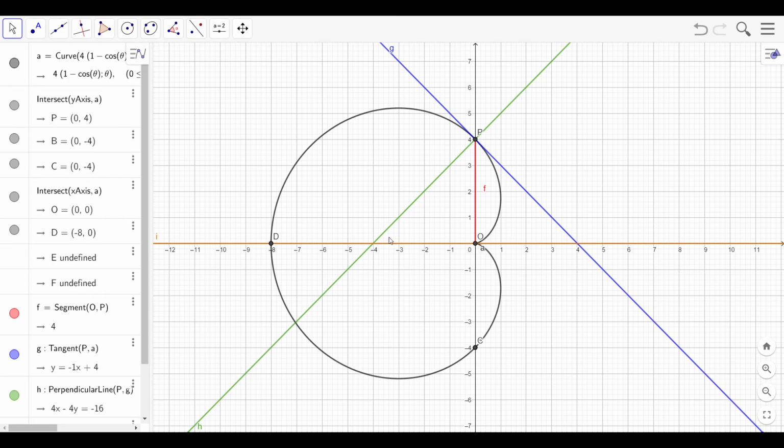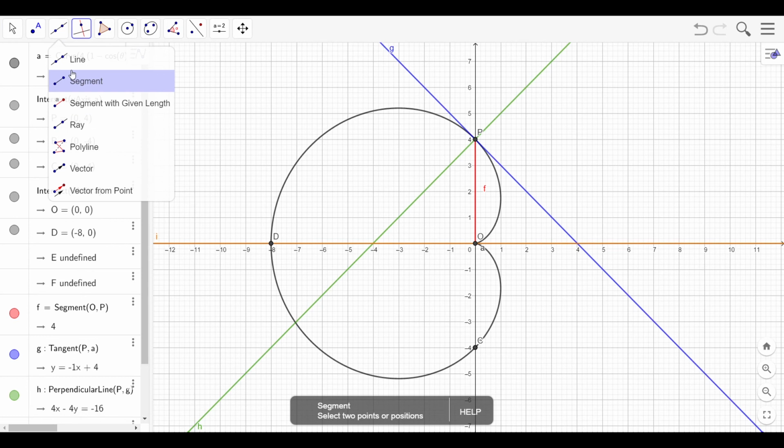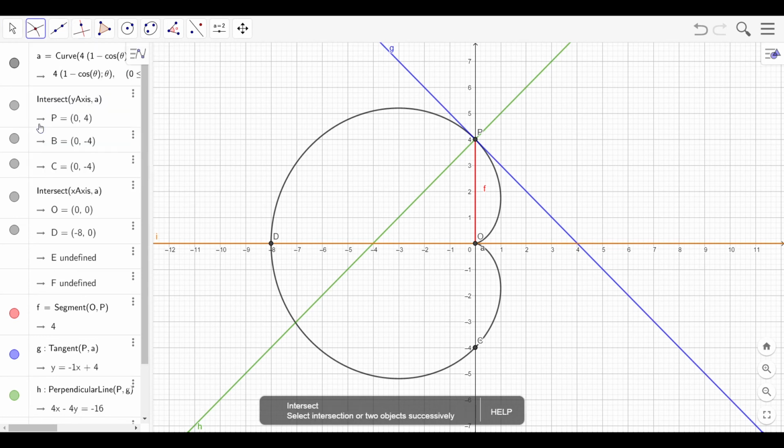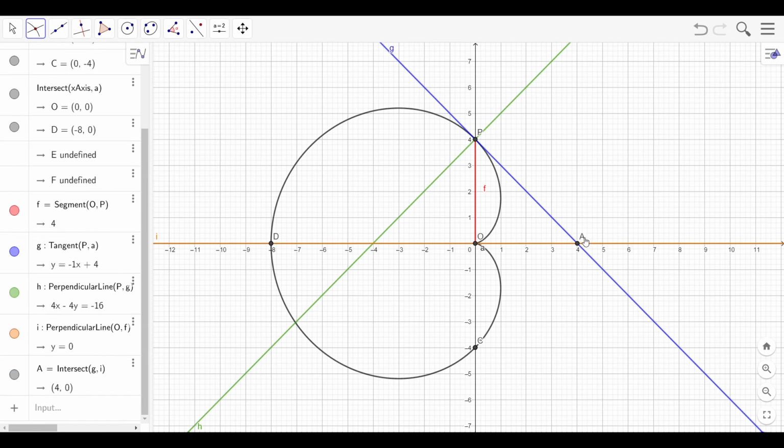Then intersect the tangent at P with the line. Then this point is the point T. Then OT is called the polar subtangent. In this case it is the x-axis. It need not be the case always.